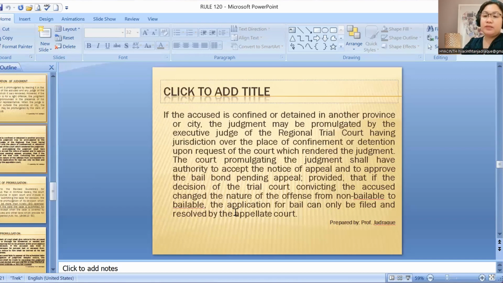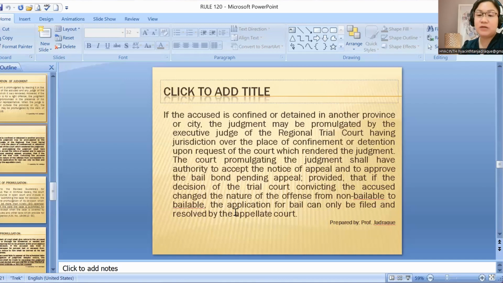Now, if the original charge was murder, but he was only convicted for homicide, wherein homicide does not carry with it the penalty of reclusion perpetua, he can file bail pending appeal. Where will he file it?